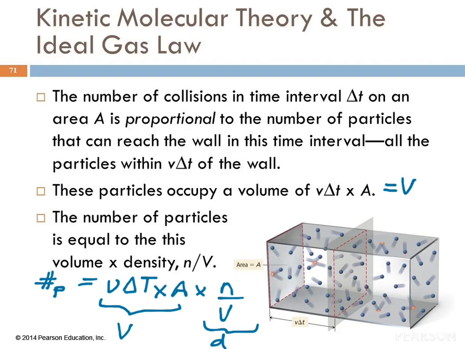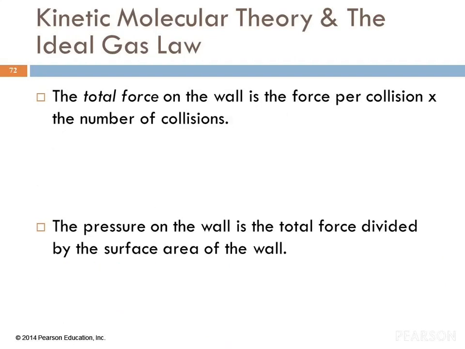That's the number of particles. The number of collisions is proportional to the number of particles. The total force on the wall is the force of each collision times the number of collisions. So total force is equal to the number of collisions, which was proportional to the number of particles, times the force of each collision.